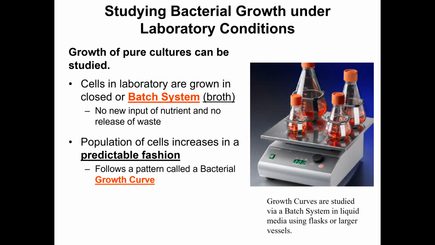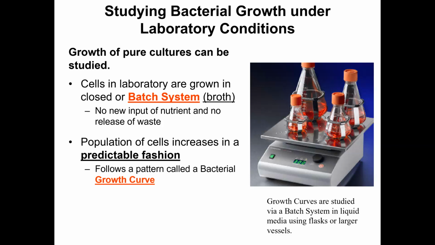So to plot a growth curve, you have to set up a fairly simple experiment. Most of what you need is in this picture. So we need some flasks. Could be 1, could be 20, depends on how many species you're testing. But regardless, you need some flasks, and in there, you have growth media.